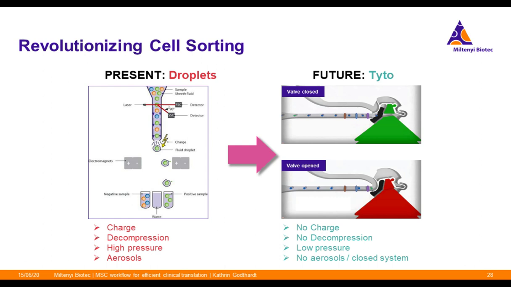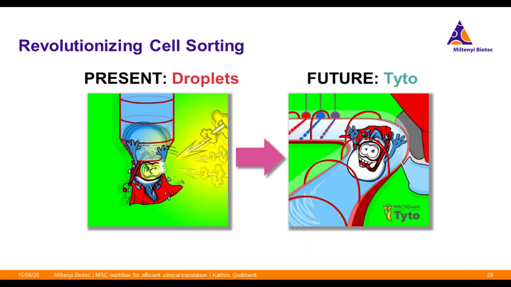So this cell sorting process at the Tyto is shown in more detail in this picture. So you really have no pressure, no charge, and no aerosol development. So at the end, cells are quite well, are very viable and not activated in any kind of process.